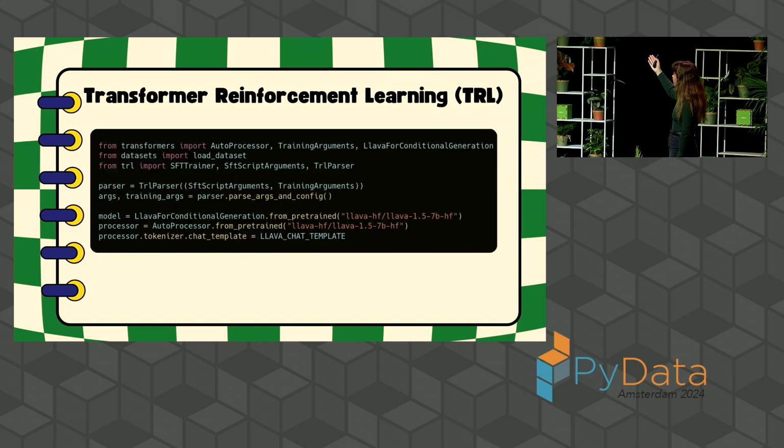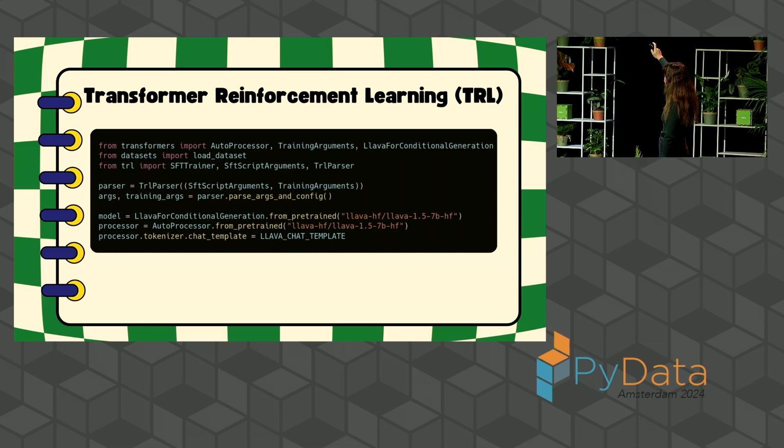So again, for TRL, you start with initializing a TRL parser and getting some training arguments. The rest is the same. As you can see, you are initializing a class. Here it's LLaVA for conditional generation. It's a model class.